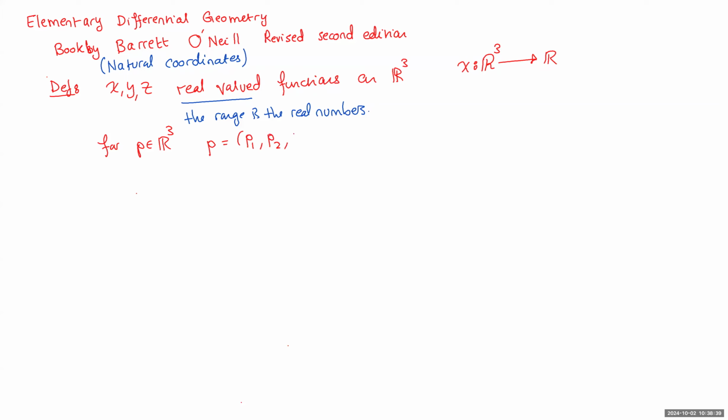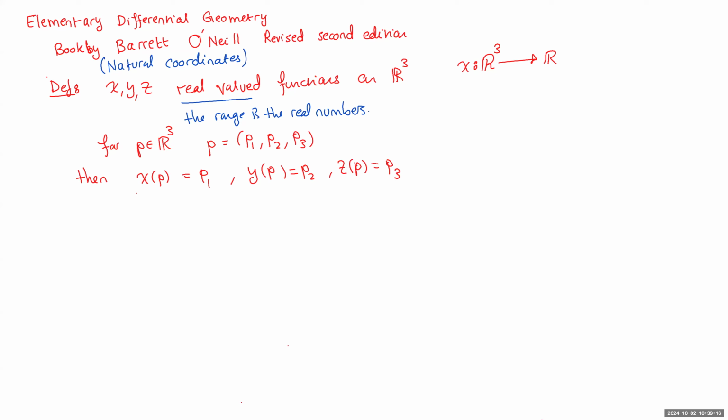Then the natural thing is to say x is going to spit out the first coordinate, y is going to spit out the second coordinate, and finally, z is going to spit out the third coordinate.